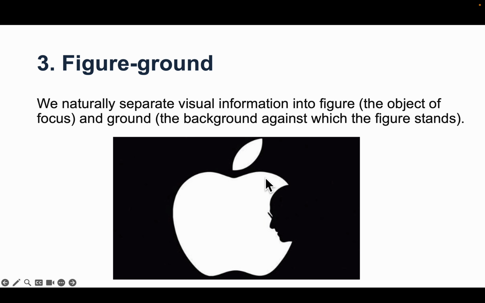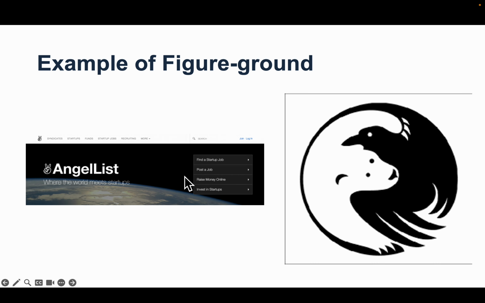Well, also the apple and the person's face support each other to stand out, right? Yes, so the apple here turns into a ground while the face here turns into a figure, right? So usually when the design has a strong contrast, for example, white on black, or black and white, they are trying to use the principle of figure-ground relationship to make the elements stand out.